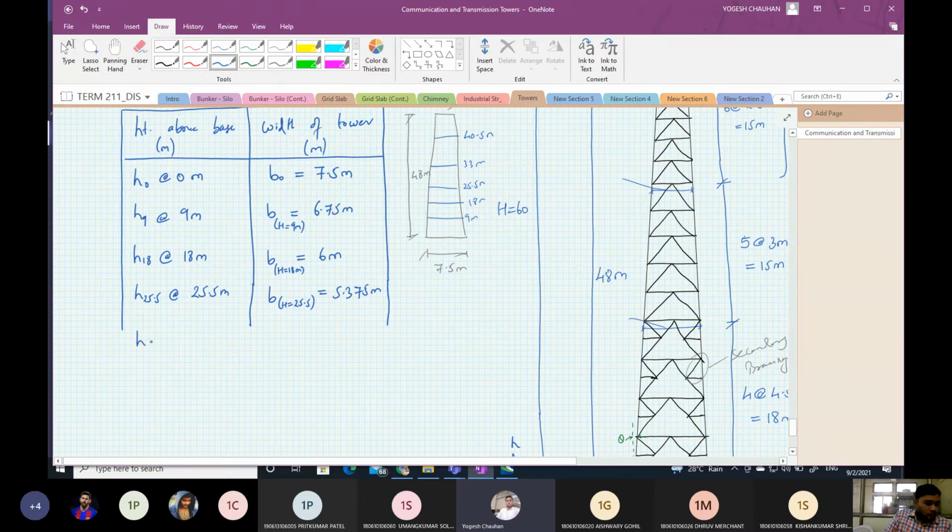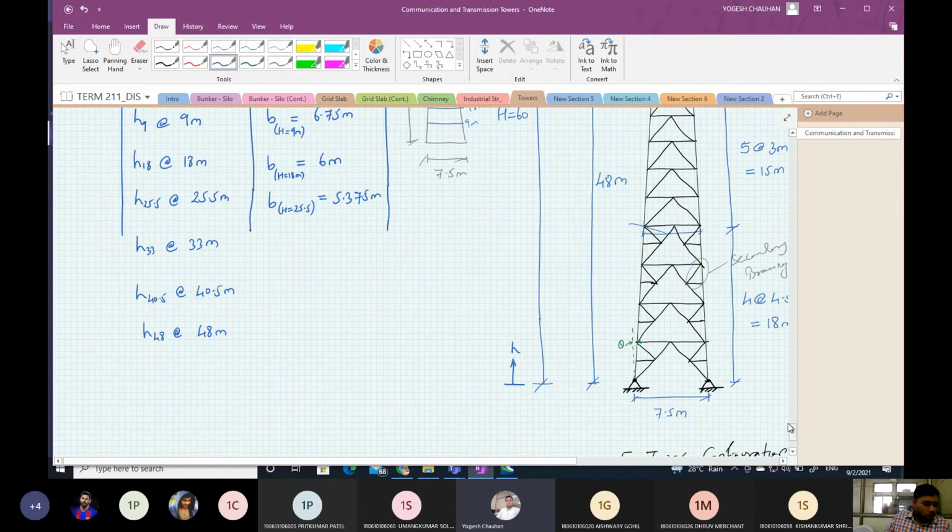In the same way, let us find the width at heights 33 meter, 40.5, 48, and 60 meter.